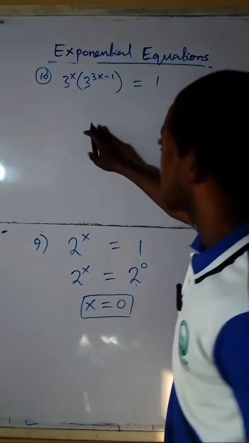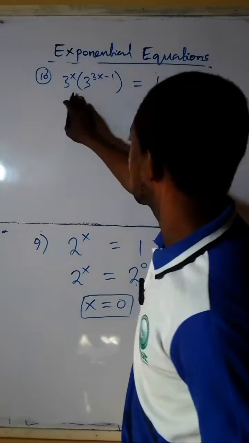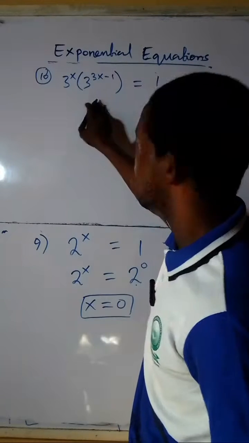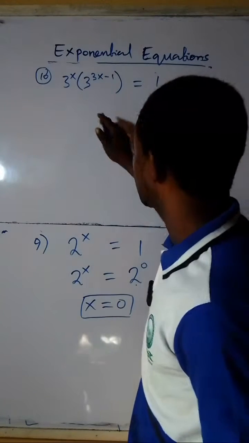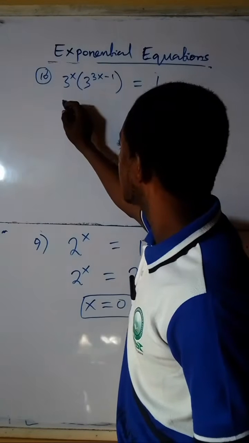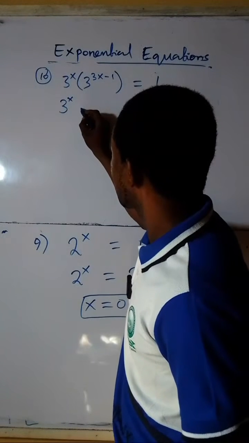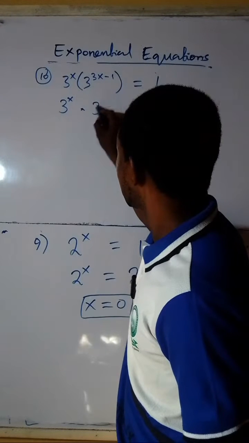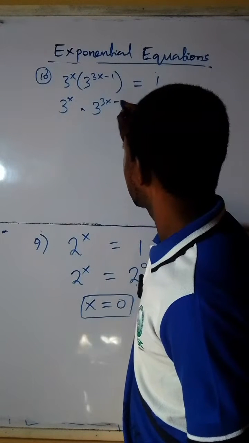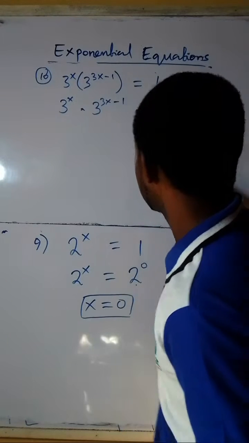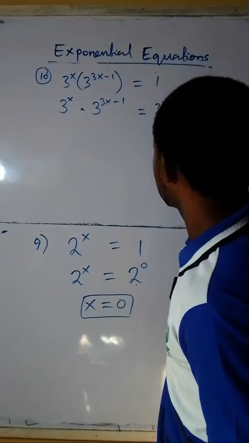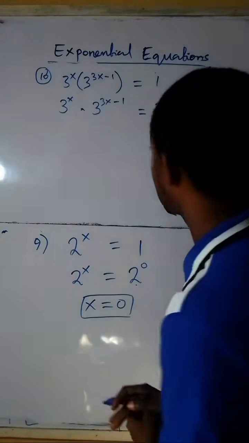What this means is that these two terms multiply. The use of brackets here indicates multiplication in math. That is the same thing as writing 3 raised to power x multiplied by 3 raised to power 3x minus 1, equals 1, which is the same thing as 3 raised to power 0. Any number raised to power 0 is 1.